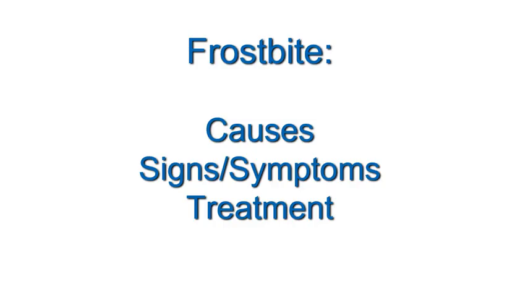So we need to rewarm that body part as quickly as we possibly can. When we're out in the environment, we can use body heat to warm up that extremity. Then when we get them to the facility, we rewarm them very rapidly, which can be very painful. We don't want to rub or apply dry heat, which could produce further injury.